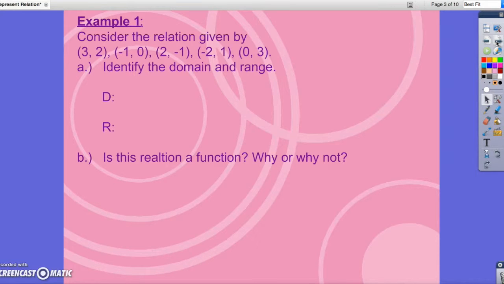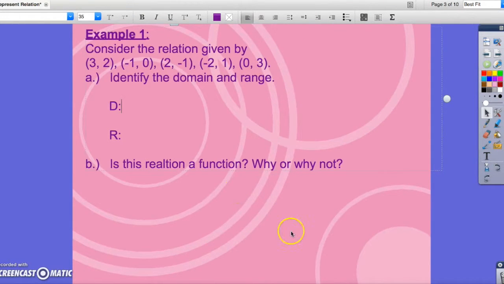It says consider the relation given by the ordered pairs, which are 3 comma 2, negative 1 comma 0, 2 comma negative 1, negative 2 comma 1, and 0 comma 3. We want to identify the domain and range. I'm actually going to type it in here with us.